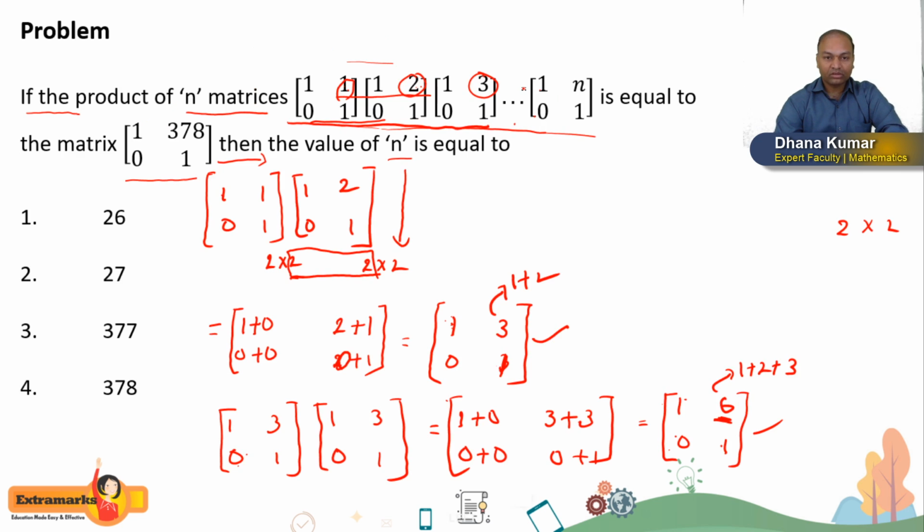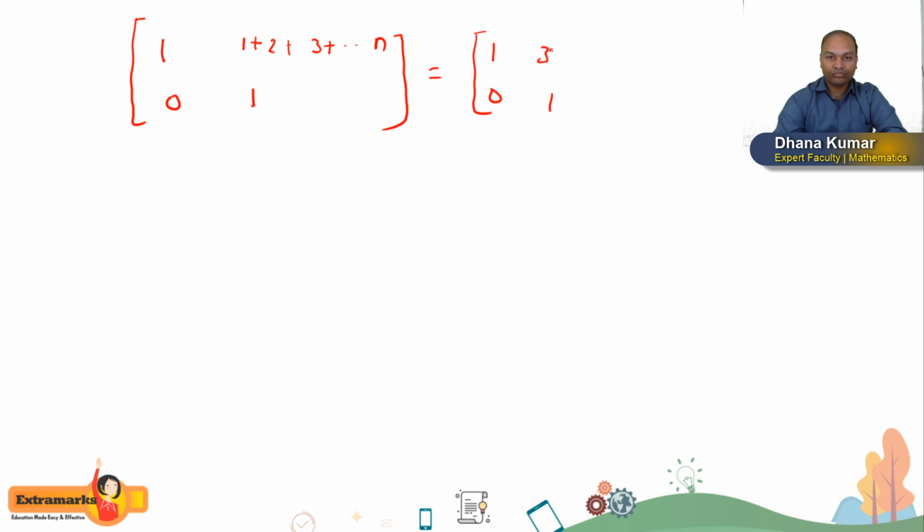So the answer will be 1 plus 2 plus 3 plus so on up to n. But the actual condition is 1 0 1, and here the value is 378.